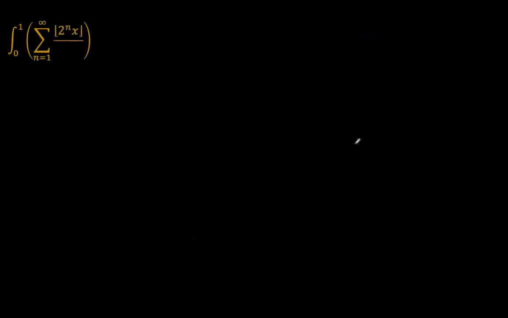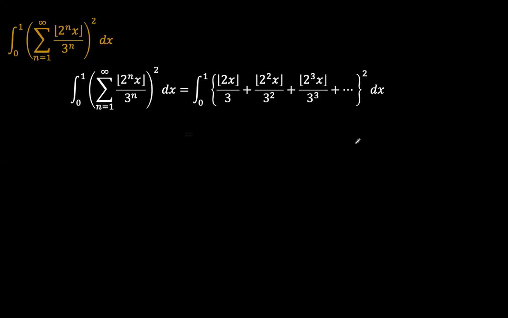How I would approach it is, first, I would want to expand that summation sign a little bit. And how I would do that is, as you can see here, we have floor function of 2x over 3, floor function of 2 squared x over 3 squared, plus floor function of 2 cubed x over 3 cubed, plus on and on and on.